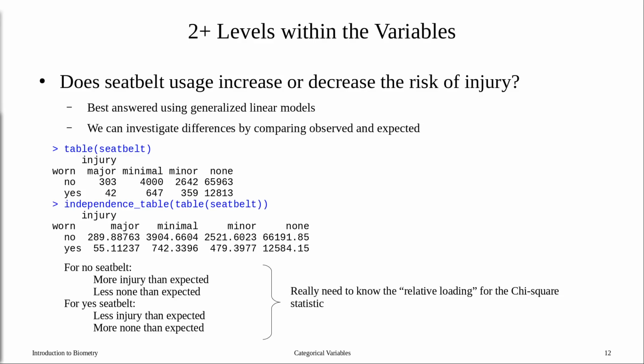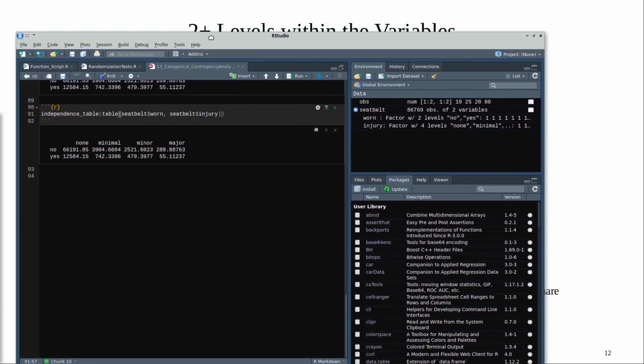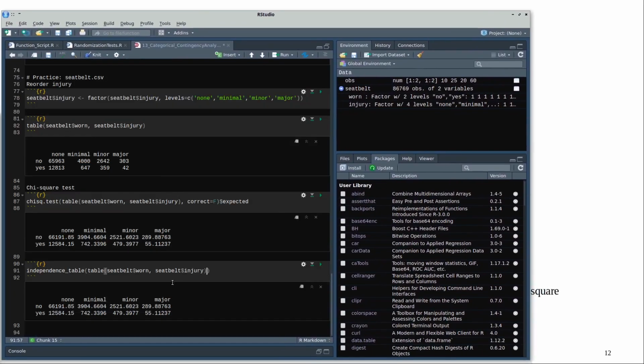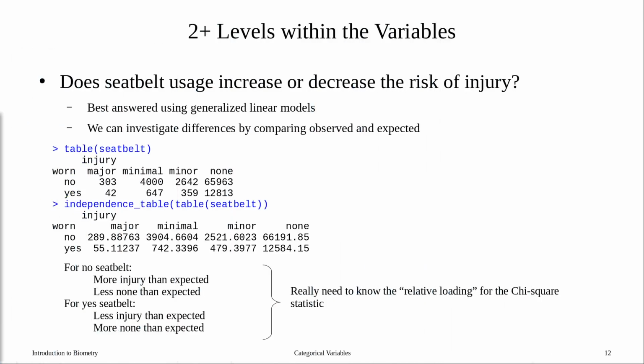So in R, we would use independence_table and pass it our actual table function to get our expected values. Here's this one after we've reordered, and you can see they are exactly the same numbers. Visually, we can go one by one and compare observed and expected and come up with these conclusions.